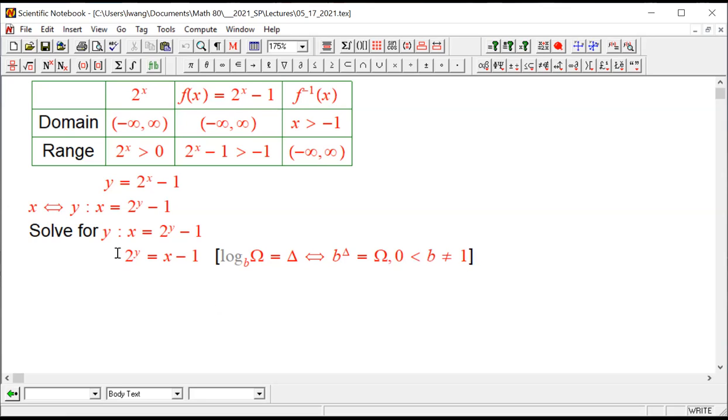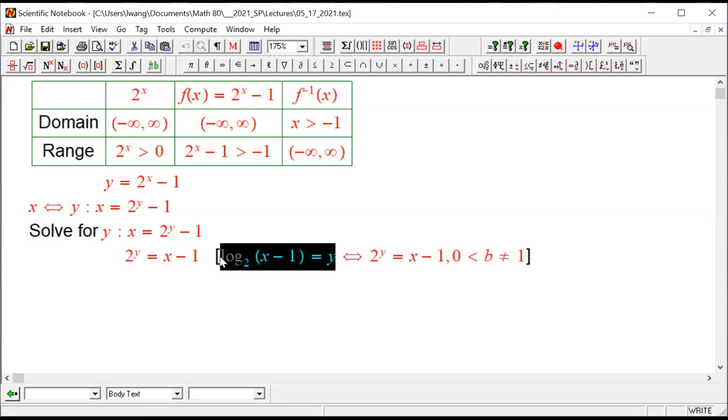Okay, so now let's see. The base here is 2. So 2 to the power of y, so the triangle is y. What is omega? 2 to the power of y is omega. Omega is x minus 1. Therefore, this is x minus 1. So what do we get?